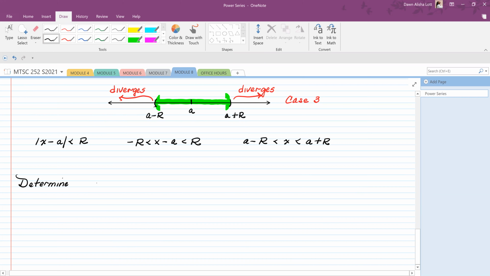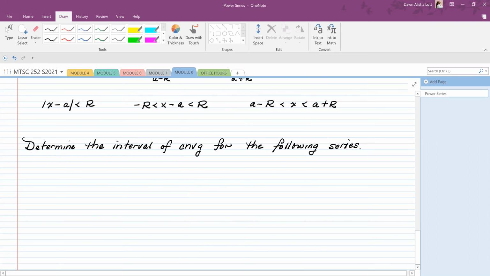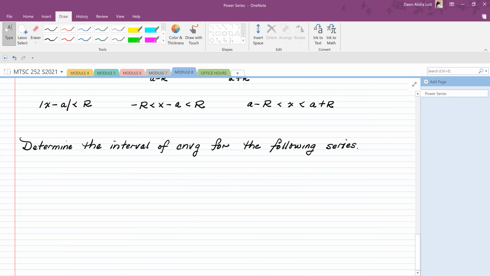Okay, so let's look at the first one. Determine the interval of convergence for the following series. The first one is going to be rather easy.